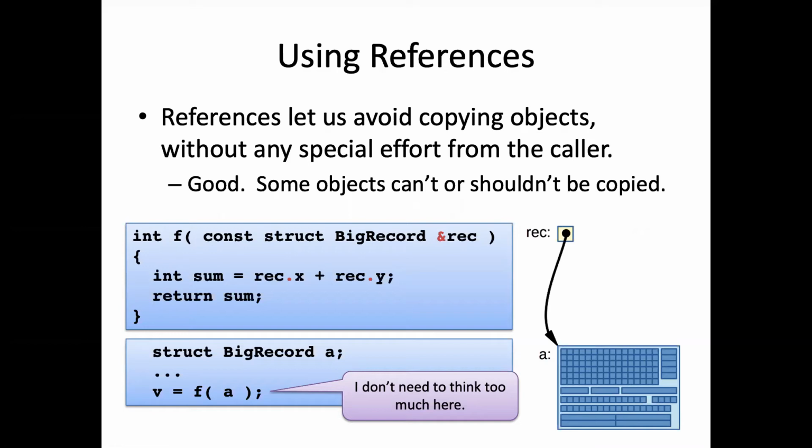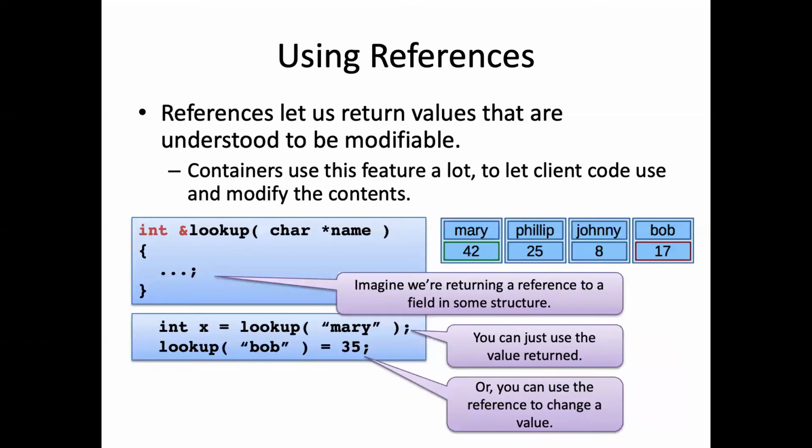Another place where references are handy is return by reference. This lets you return a value that you can then use either to look at that value or to change it. Let me talk about this example and this might help it make more sense. Let's say I had a global variable that was a list of names along with a value for each name.